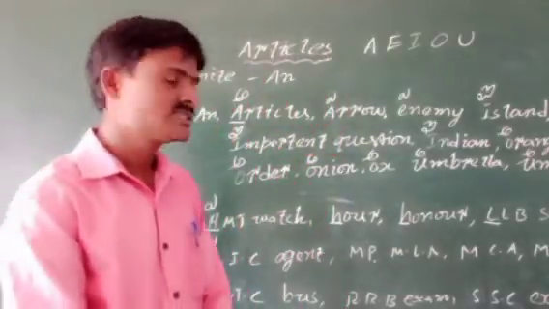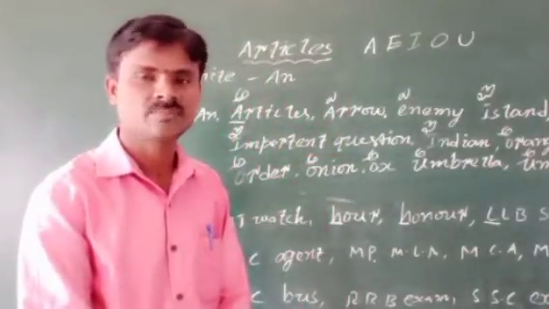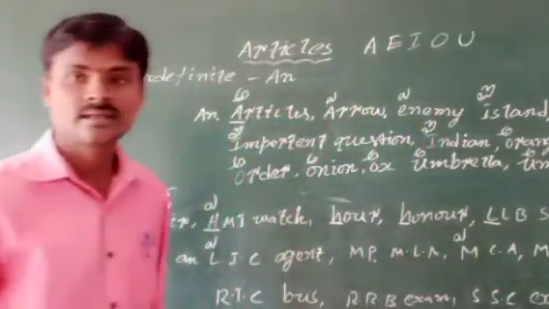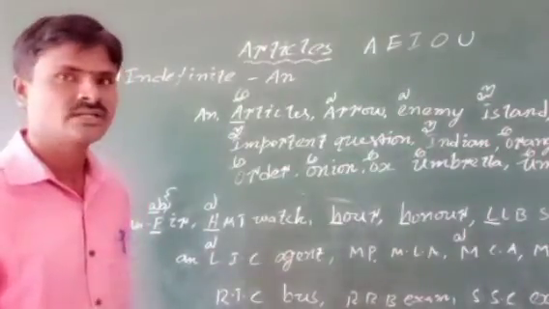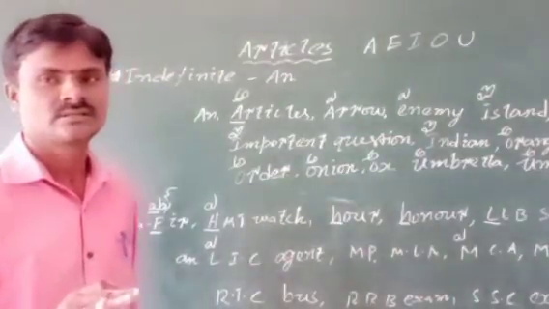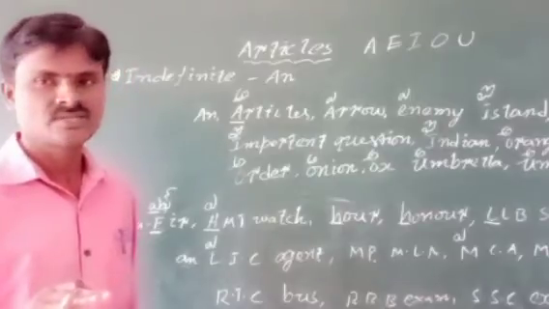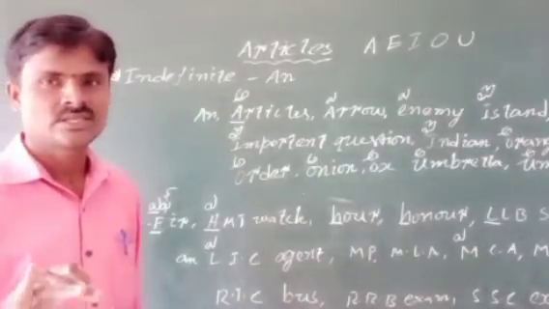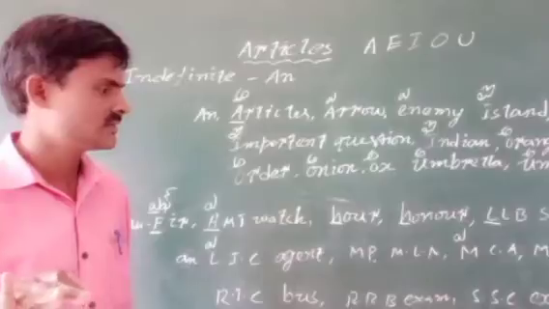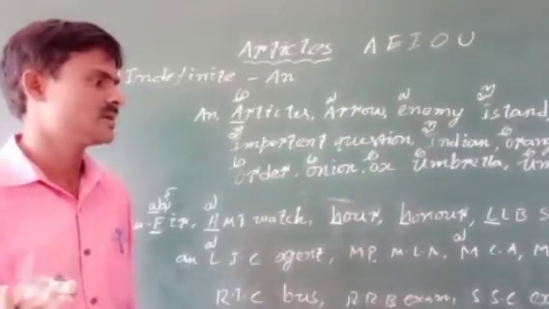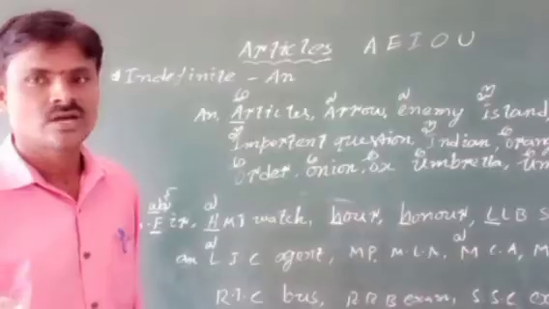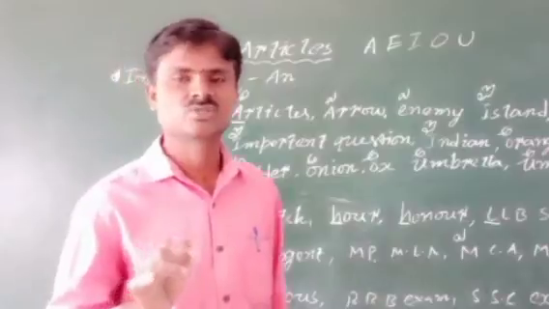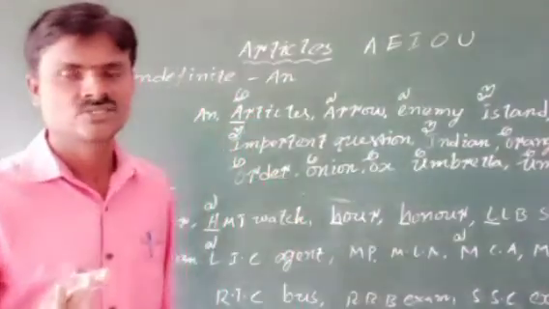MCA, MA, NCC. See here, MCA student. M has an A sound: an MCA student, an MA student, an NCC student. These are abbreviations: Master of Arts, MCA and NCC. If you find student after MCA, MA or NCC, you have to write an MA student, an MCA student, an NCC student.